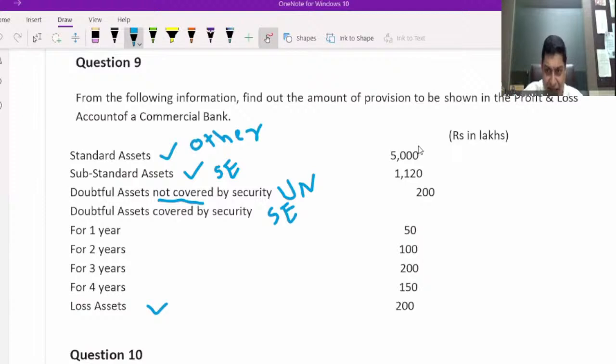And if you recall, the provision is 0.40 percentage. It is not 40. It is 0.40%, right guys? Yes, it is 0.40, not 40. I think the answers which were a little bit incorrect, they have perhaps considered 40%, right?